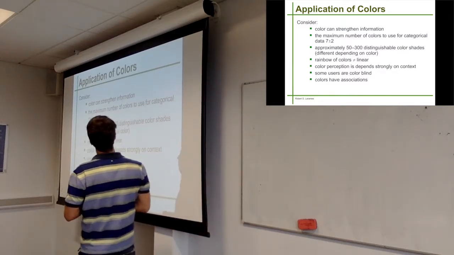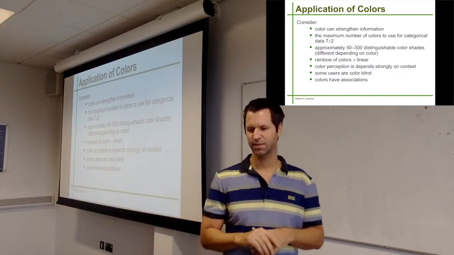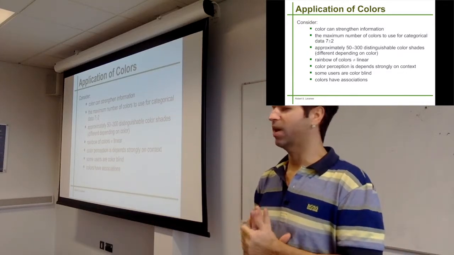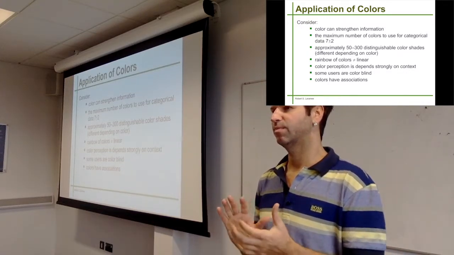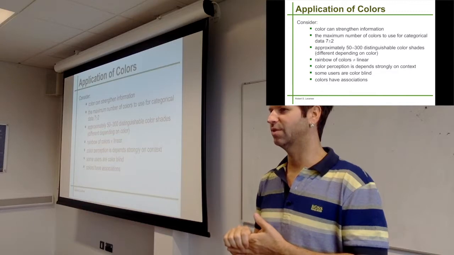The human visual system can distinguish 50 to 300 color shades. Anybody here have an artist background, or take an art or painting class or anything like that? No? Good.